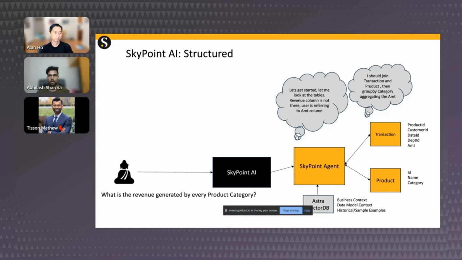So it would list all the 5 tables, and then that observation is passed back to the LLM, and the LLM decides based on the previous instructions in its context and the current list of tables. And hypothetically, in this case, it would decide that transaction and product are the two tables that are relevant for this particular question. Then it would use another action, and that would be looking at the schema of these two tables.